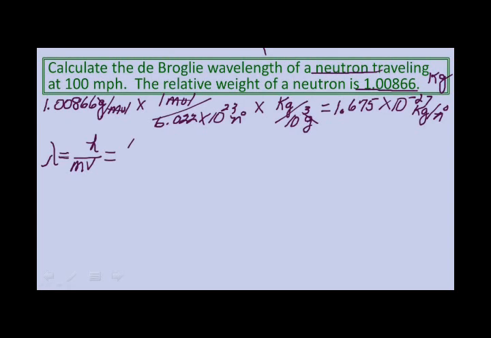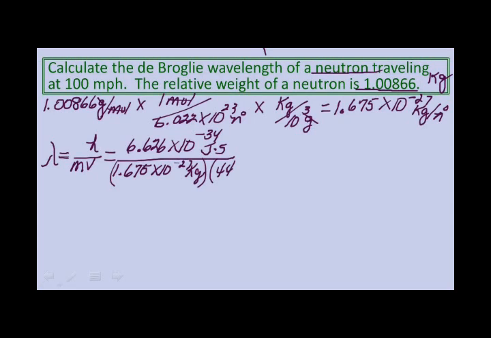And that is equal to 6.626 times 10 to the negative 34 joules seconds over the mass, which is 1.675 times 10 to the negative 27th kilograms, times 44.7 meters per second.